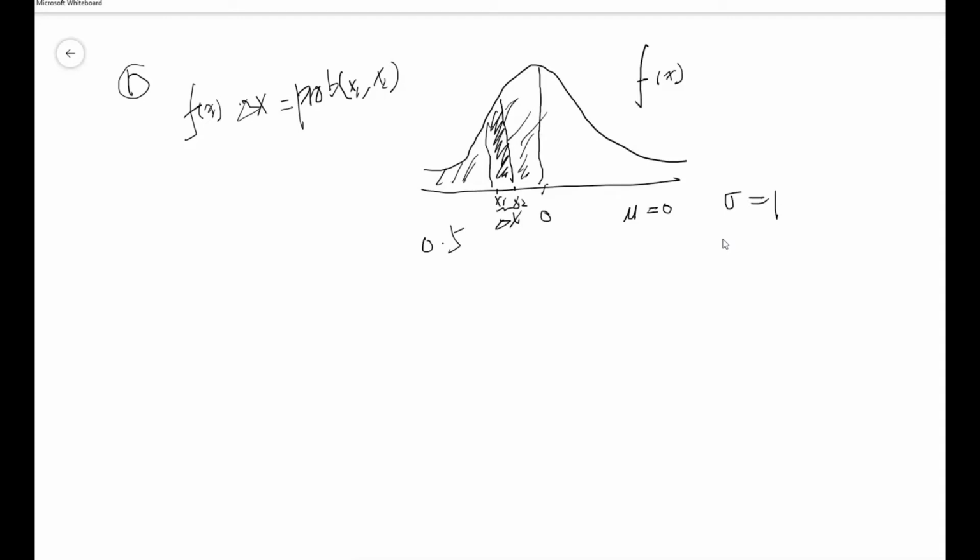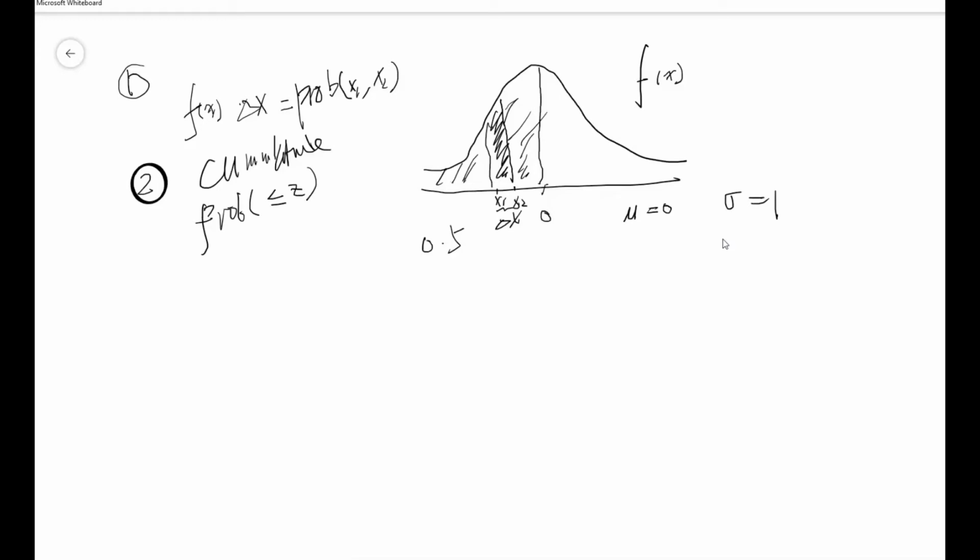This is called cumulative. So what is cumulative? Cumulative is simply the probability less than or equal to a z value.